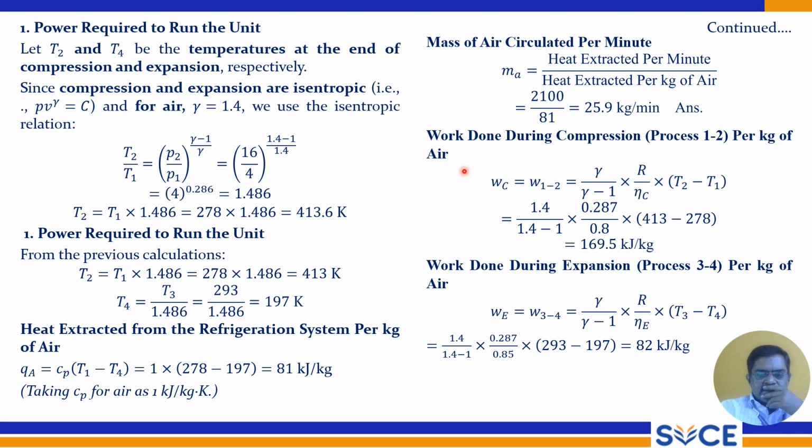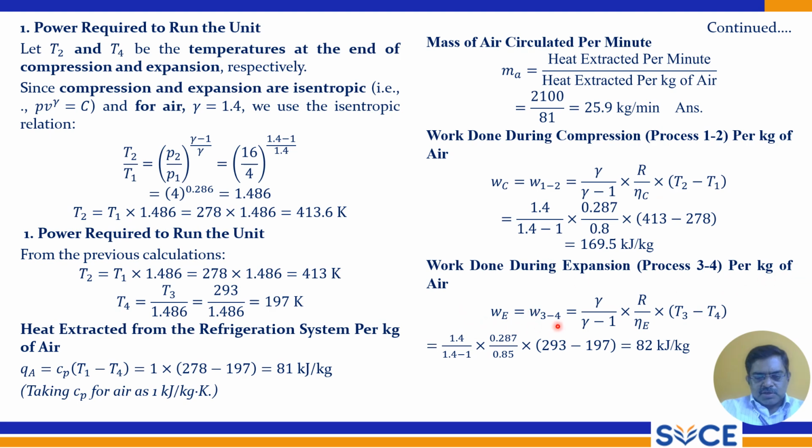And next is work done during the compression process 1 to 2 per kg of air, WC, equal to gamma divided by gamma minus 1 into R by NC into (T2 minus T1). So substituting all those values, we are getting WC equal to 169.5 kilojoules per kg. Similarly, work done during the expansion process 3 to 4 per kg of air.